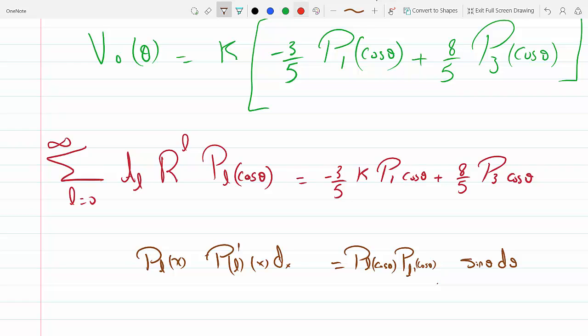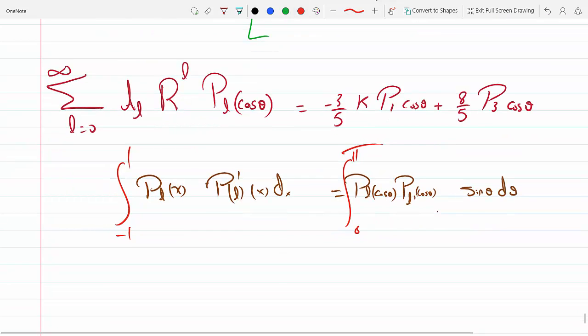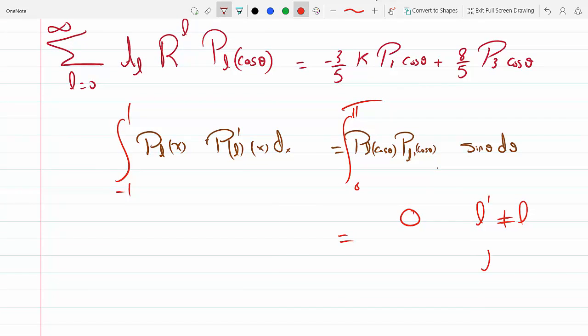And you integrate both sides from -1 to 1, and this gets integrated from 0 to pi. Now, how is this helpful? For all the L primes that don't equal L, the result is 0, and it picks up only the term where they're equal, and the answer is 2 over 2L plus 1. This is the Fourier trick in Legendre polynomials.